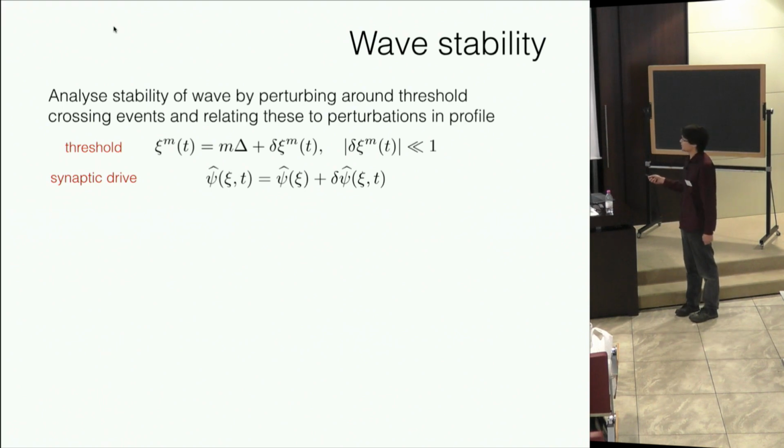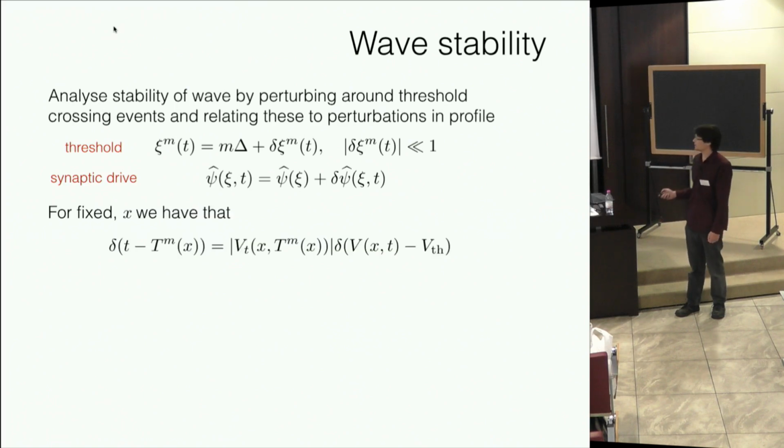The answer is that it changes the profile through changing where you get synaptic input, because otherwise the system is just decaying to zero. And actually what you're doing is changing this psi. So this psi here is the traveling wave synaptic input, and then essentially we perturb firing times, or threshold crossing events I should say, and this leads to perturbations in synaptic drive. And it does it like this.